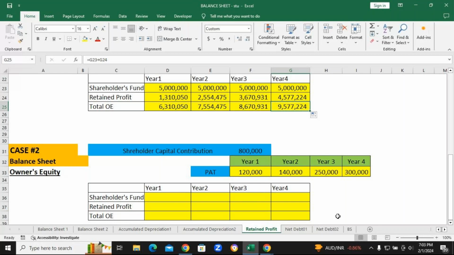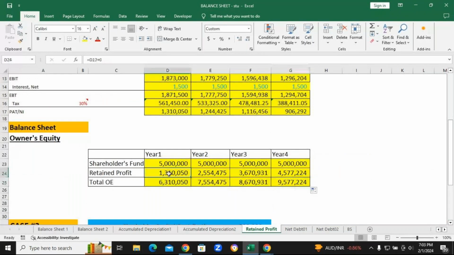Ma'am, can you please explain retained profit again? Retained profit will be calculated with the previous year profit. For year 1, I cannot take year zero's calculation. So retained profit for the first year, that is PAT, profit after tax, or net income, will be taken plus 0, since there is nothing to accumulate from the previous year retained profit.